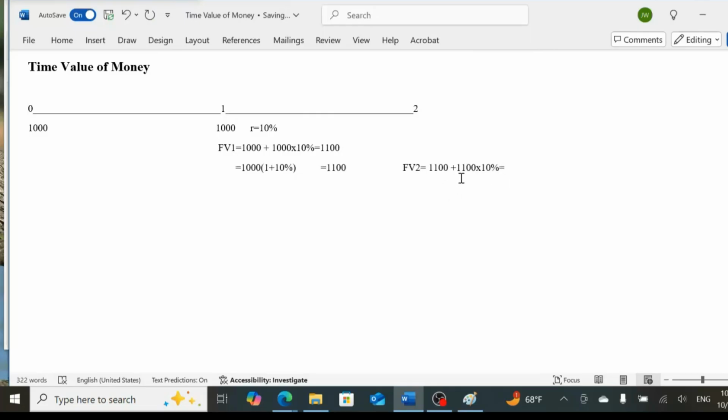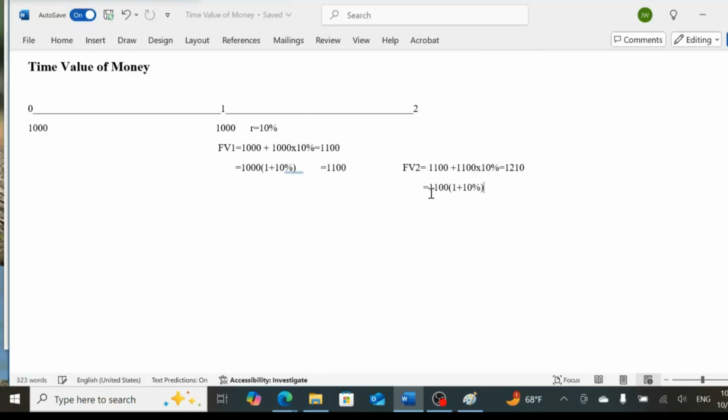So 1,100, 10% of that is 110, you add it back to 1,100, so 1,210. Again, I want to rely on the associate principle: 1,100 times 1 plus 10%.